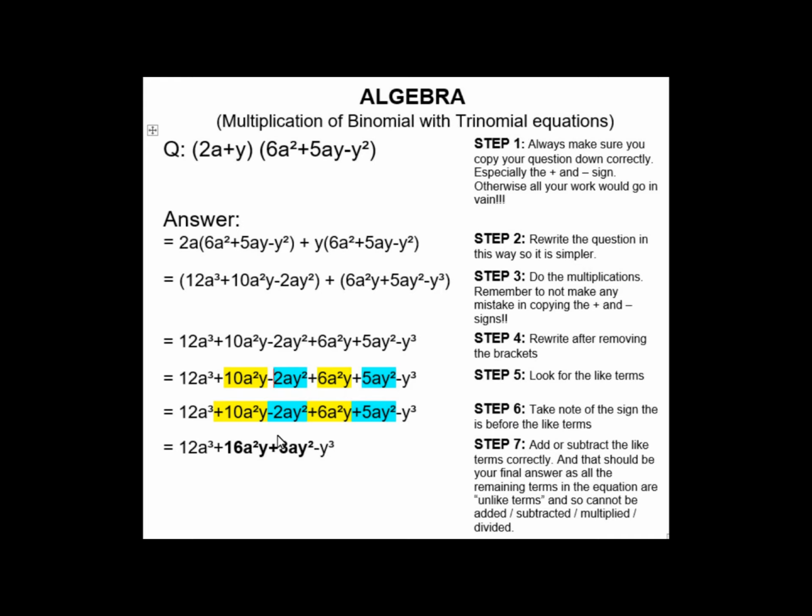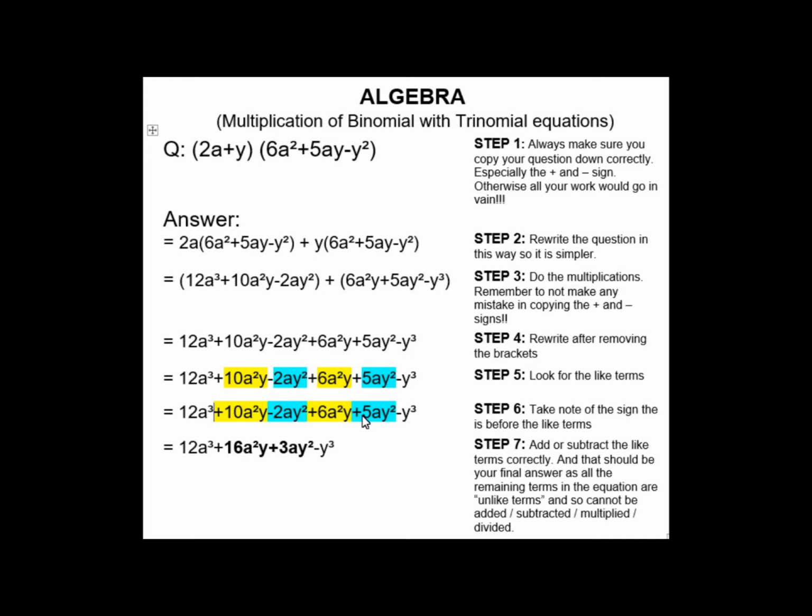In step 6, we have to take note of the symbols that are before the like terms. For example, before 10a square y we have a plus sign, and before 6a square y also we have a plus sign. That tells us that we just have to do a simple addition here. 10 plus 6 would give us 16a square y. Likewise, here we have a minus sign and here we have a plus sign.